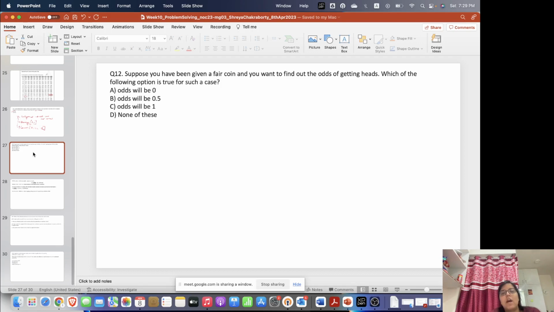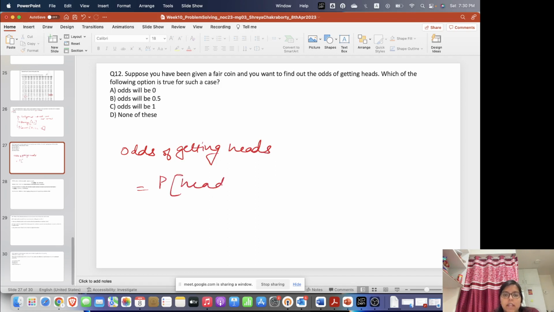So suppose you have been given a fair coin and you want to find out the odds of getting heads. Which of the following is true for such a case? So odds of getting heads equals probability of getting heads by probability of not getting heads.